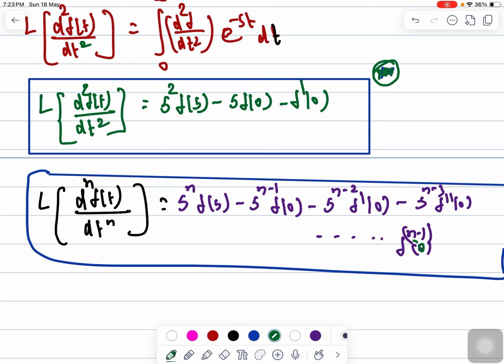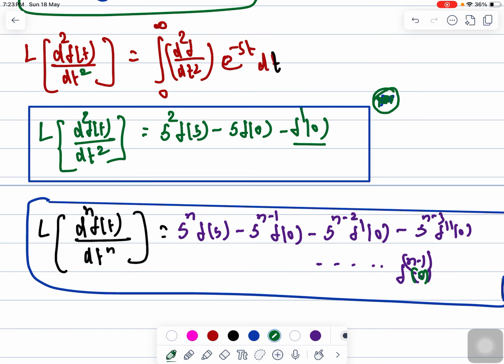Here you have seen that f dash (0) was in the last term, when the order was 2, minus 1, that equals 1. That's why if the nth order is there, then the n minus 1 derivative will come. And what is f(0)? When you substitute t equals 0, it means the initial value. Is that clear? So this is how these things can be solved.